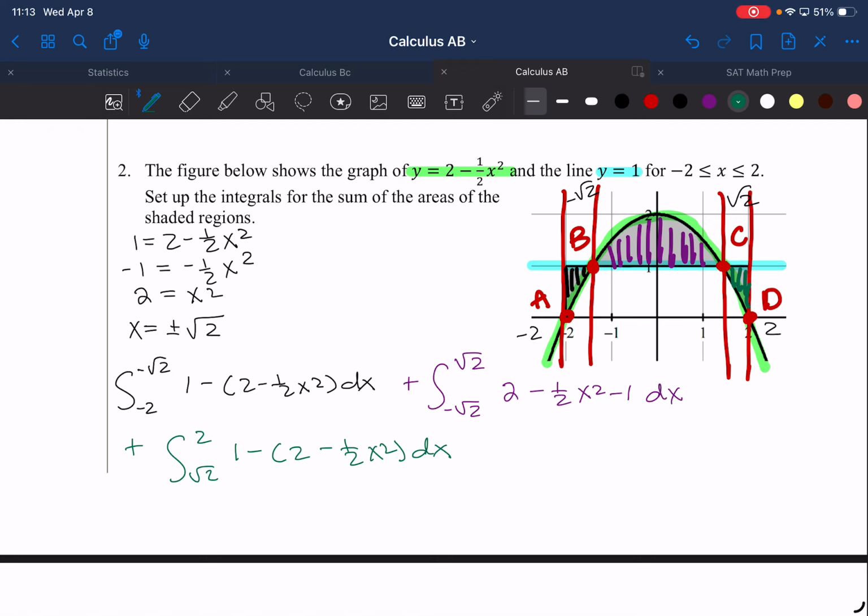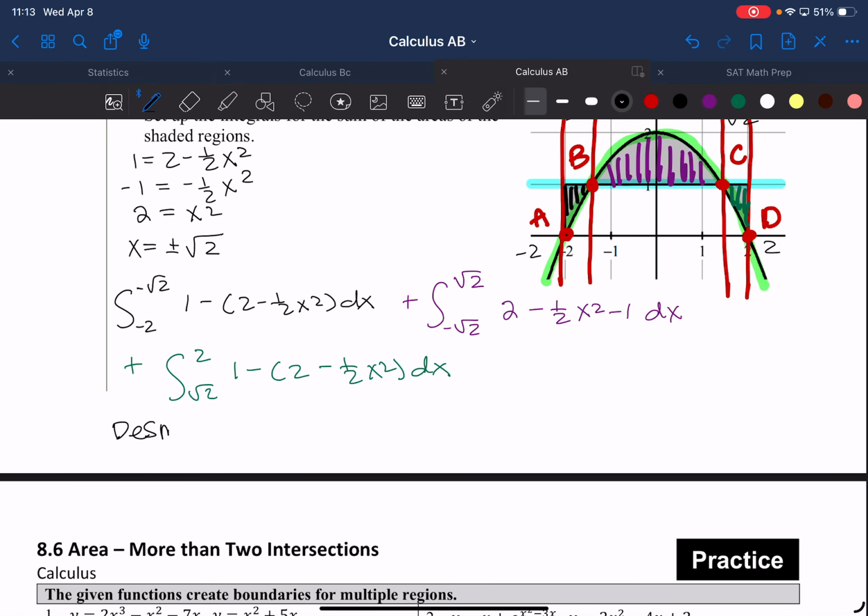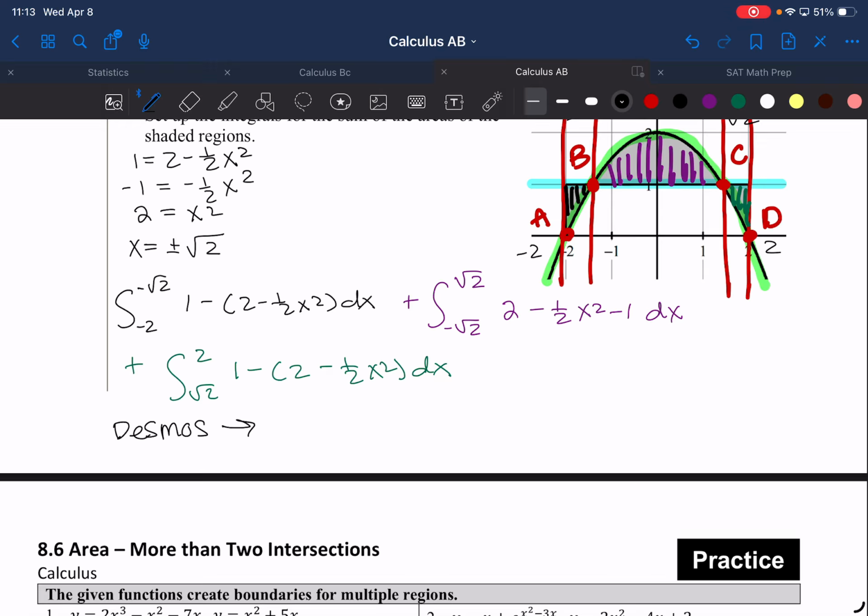Of course, we could continue and do this by hand. Or remember, if we were to go to Desmos, and again, this is just having us set up the integrals, not necessarily solve.